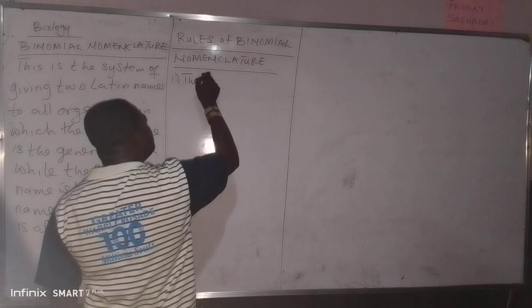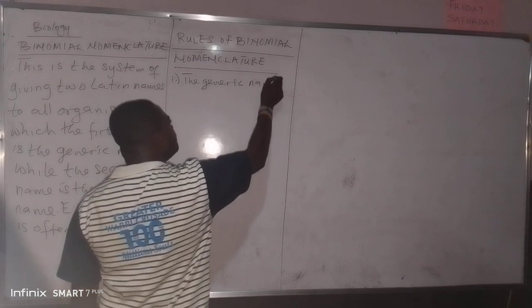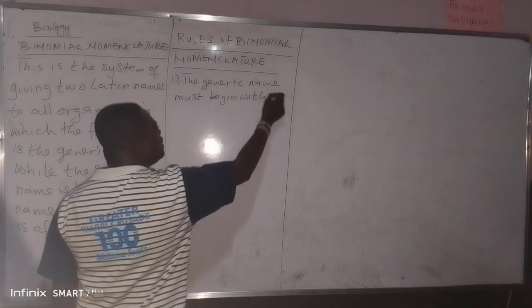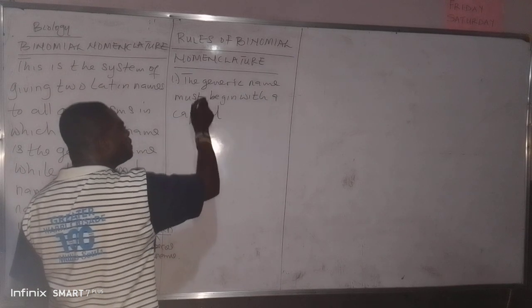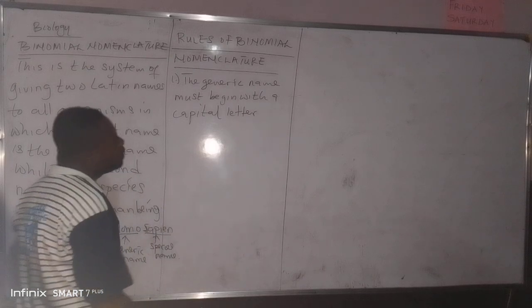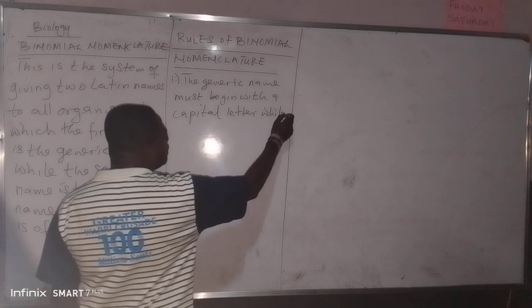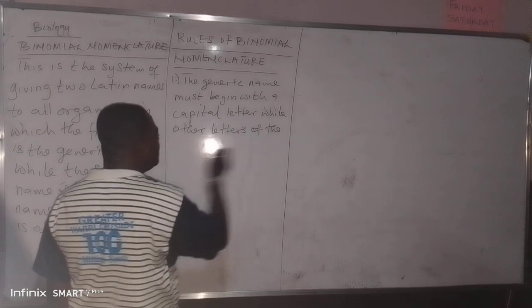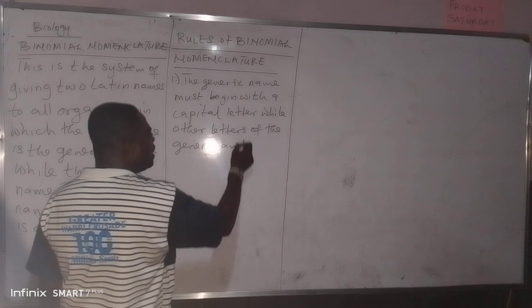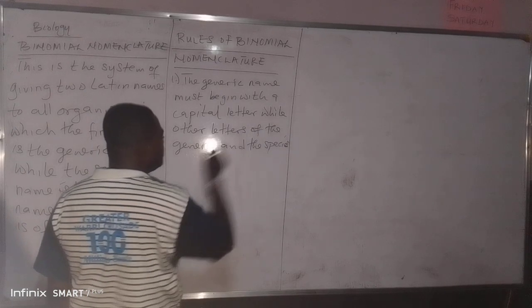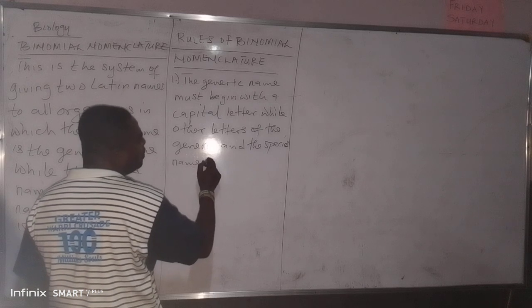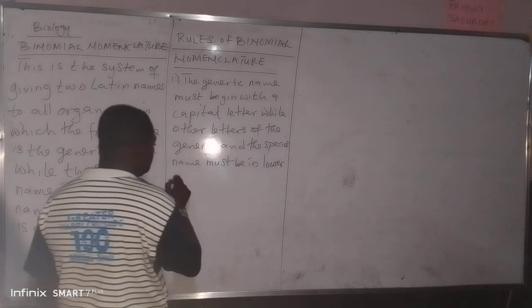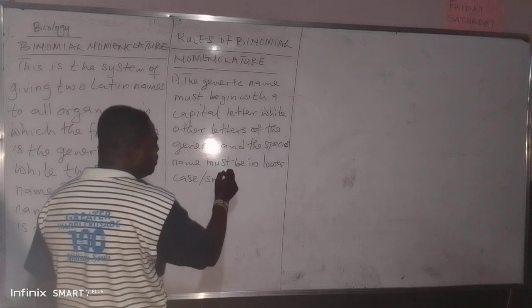Number 1, the generic name must begin with a capital letter, while other letters of the generic name and the species name must be in lowercase or small letter.